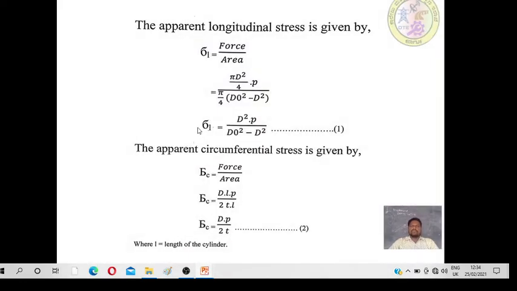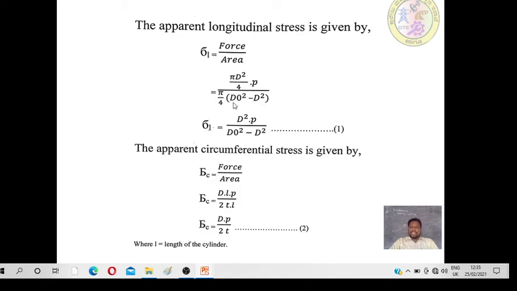Now, the apparent longitudinal stress, that is, stress is given by force by area. So sigma L means longitudinal stress. Now force by area. You know that force equals area into pressure. So area here is pi d square by 4, into pressure. And area here means cross sectional area of the cylinder. We have outside diameter d naught, inside diameter d.